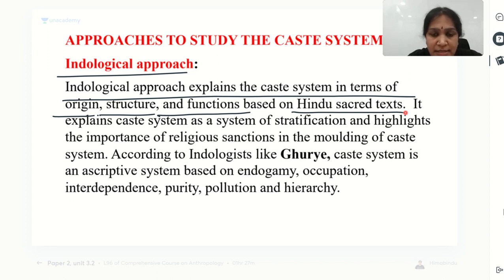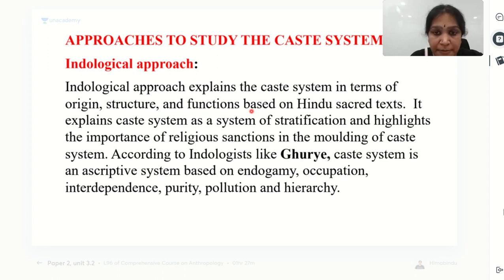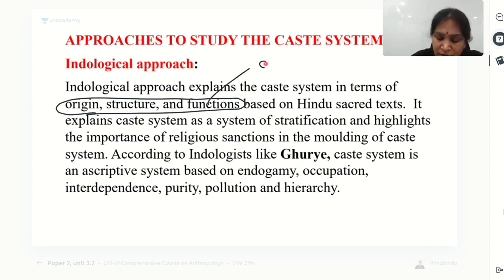Indological approach studies the caste system based on how it is described in Puranas. I repeat, indological approach explains caste system in terms of origin, structure, functions, but not based on observations. It is not based on logic, not on observation.